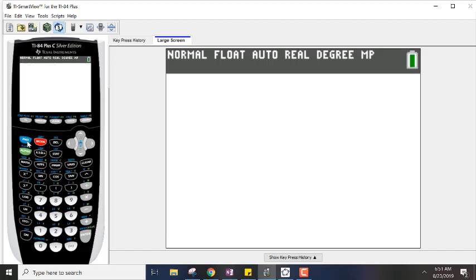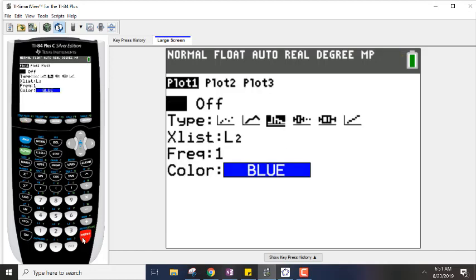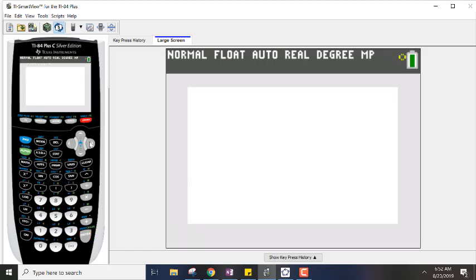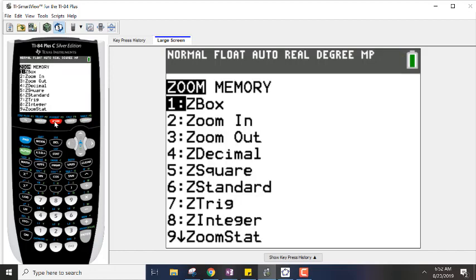Right, so I think our plot looks fine. We got the shape that we want, and our data frequencies just happen once. Now we graph. A little hard to read, so zoom, stat.